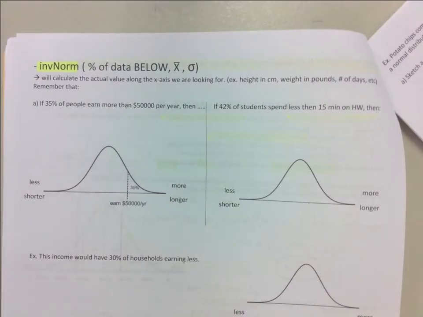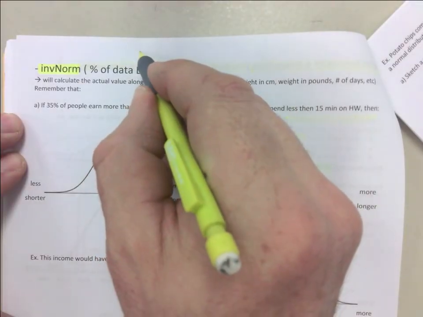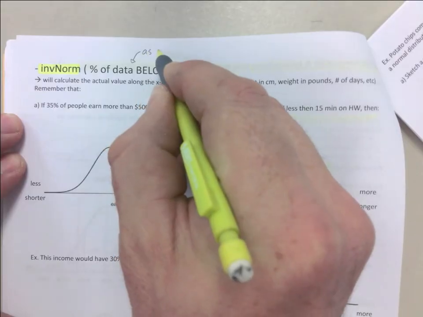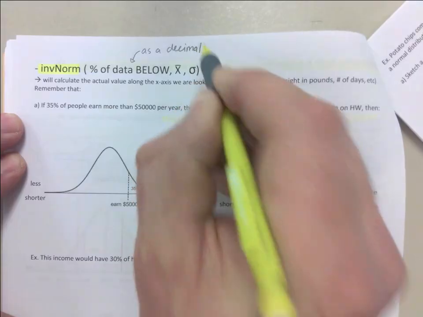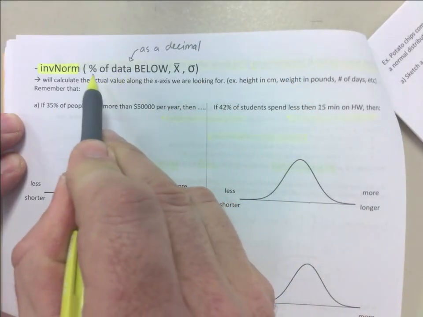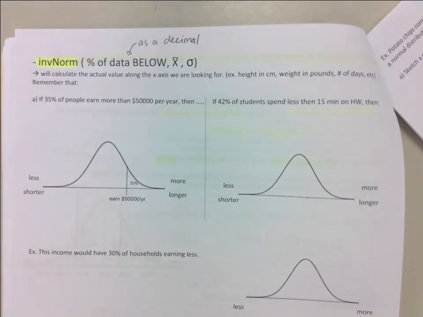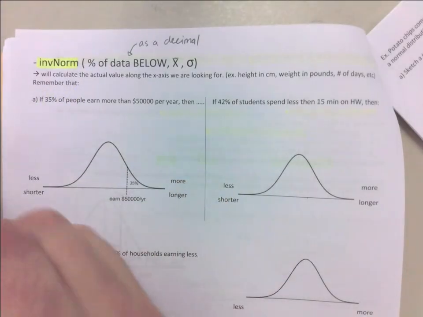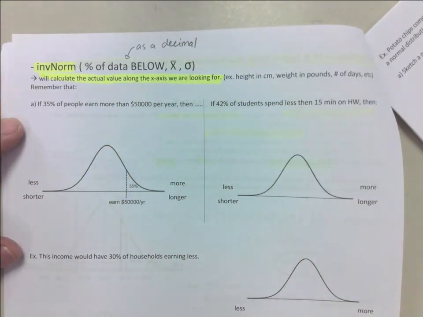How many entries? Only 3. You have to make sure you enter it as a decimal. Some students just put in the percentage, but this has to be turned into a decimal. So if I give you 80%, you have to go 0.8. Okay? We'll calculate, what does it do? It will calculate the actual value along the x-axis we're looking for.